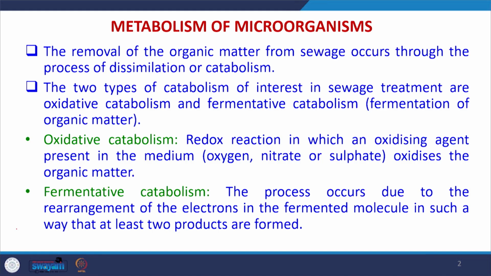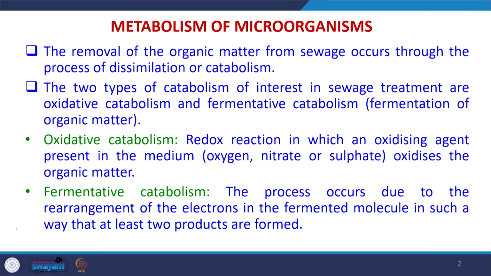In oxidative catabolism, the redox reactions in which the oxidizing agents present in the medium oxidize the organic matter. There are various types of oxidizing agents which may be present in the medium itself, like oxygen, nitrate or sulphate, which can actually oxidize the organic matter. So, oxidative catabolism uses these oxidizing agents present in the medium.